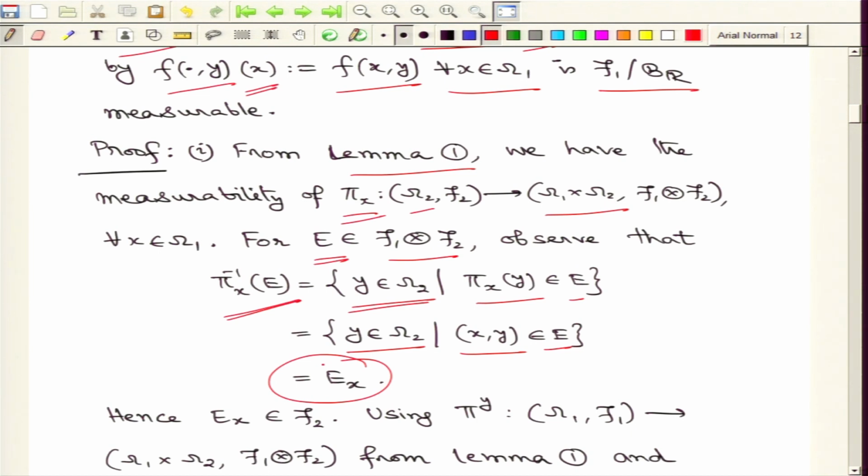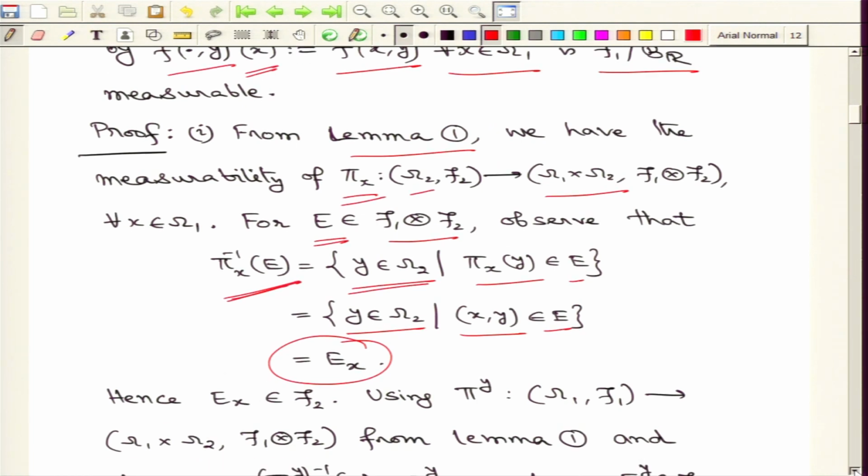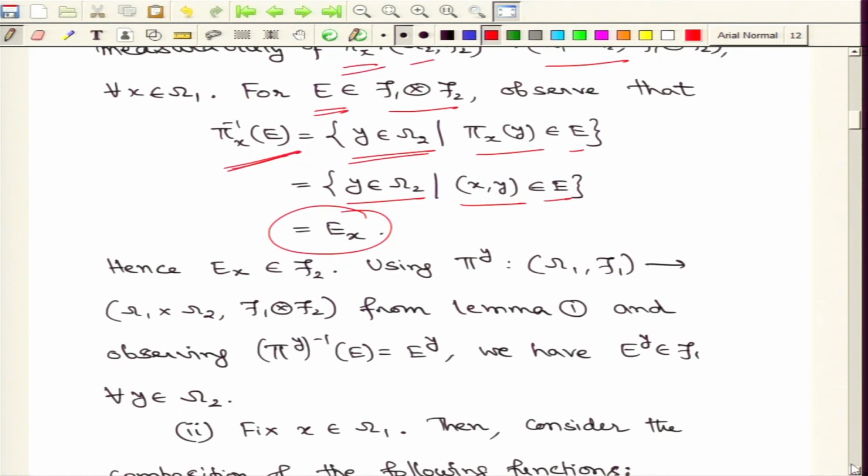So, what we have just obtained is that E subscript x is the pre-image of a measurable set E coming from the product type sigma field, and pi subscript x is a measurable function that was proved in the previous lecture, and hence this pre-image which is E subscript x must be in F2. Similarly, if we use pi superscript y, that is again a measurable function from omega 1, F1 to omega 1 cross omega 2 with the product type sigma field.